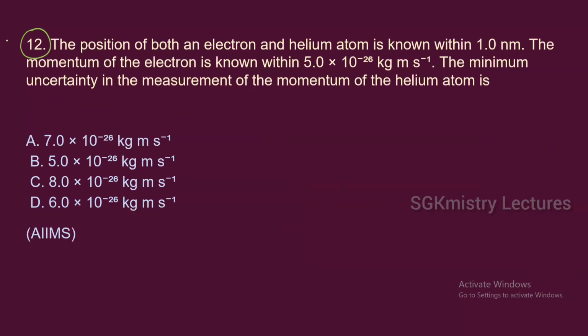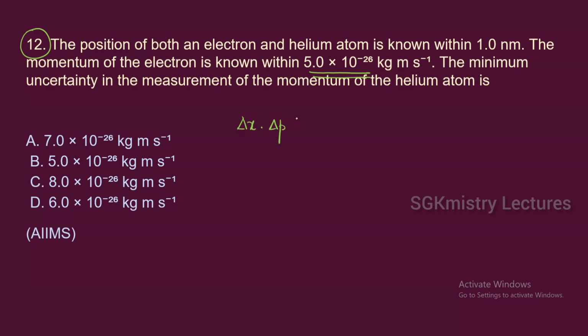Next, question number 12. The position of both an electron and a helium atom is known within 1 nanometer. The momentum of the electron is known within 5 into 10 to the power of -26 kg meter per second. The minimum uncertainty in the measurement of the momentum of the helium atom is. So again, we know this is with respect to the uncertainty principle.